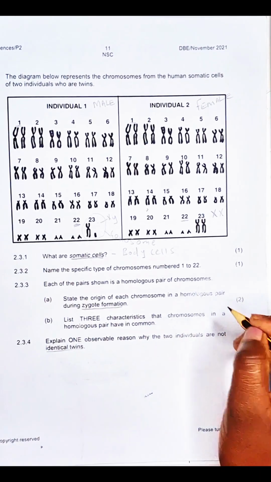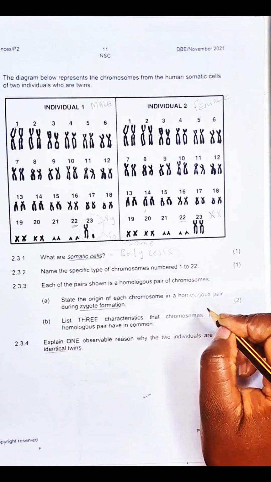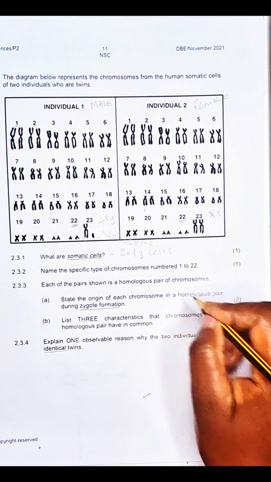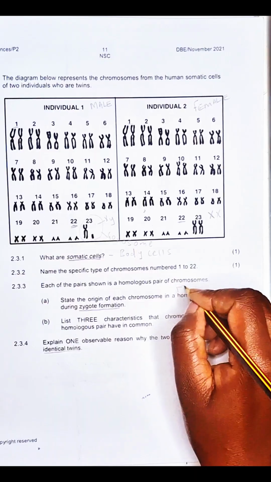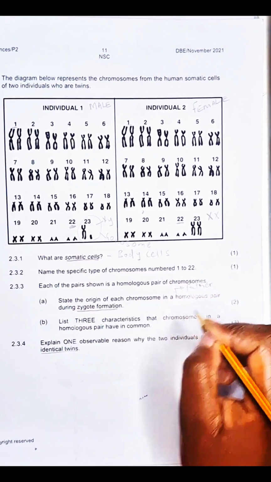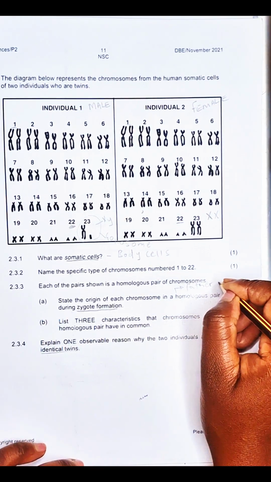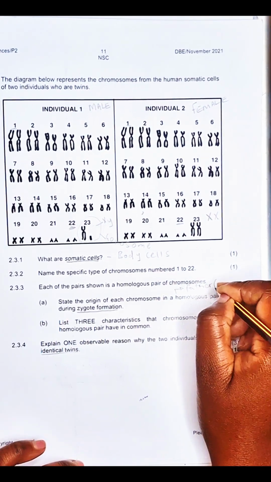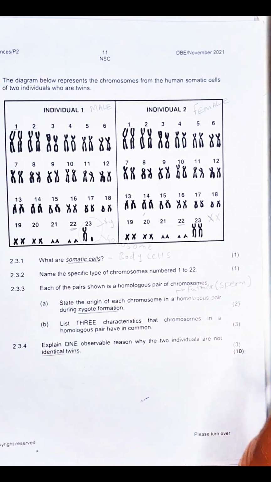Now, what we know about the pairs of homologous chromosomes is that one of these chromosomes is from the father. Meaning that during zygote formation, the homologous chromosome will be carried in the sperm of the father.